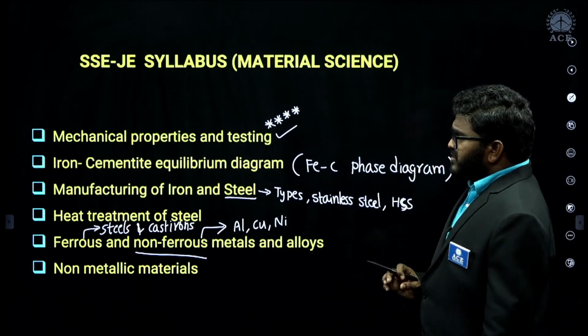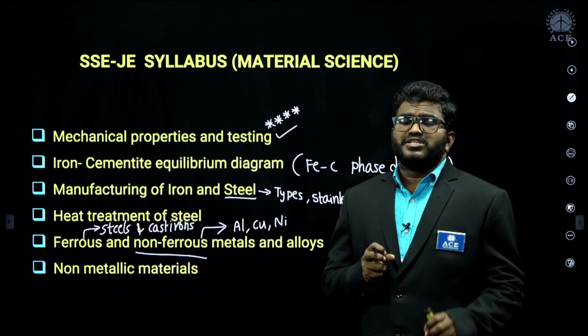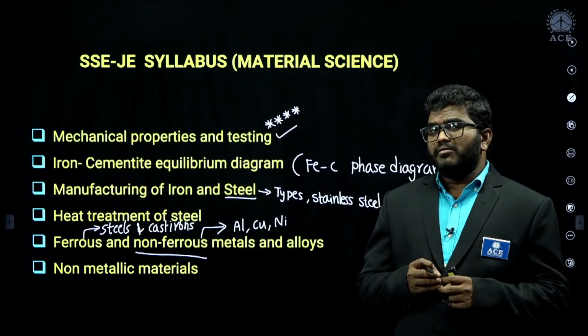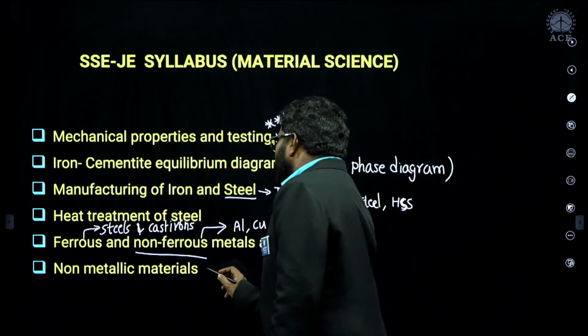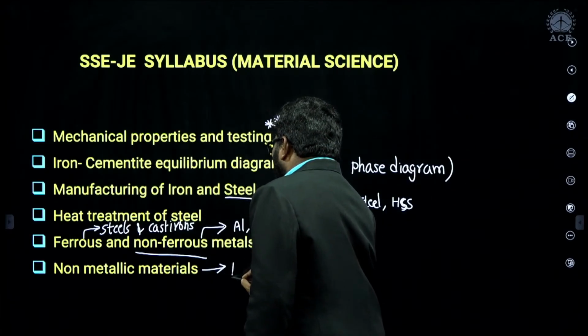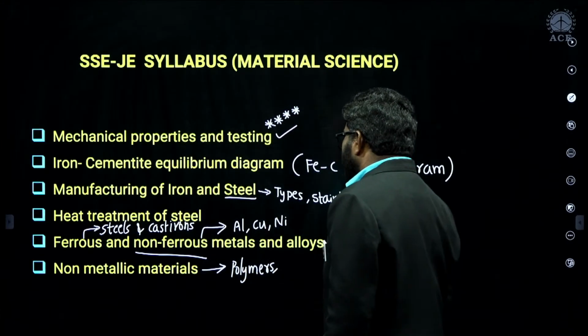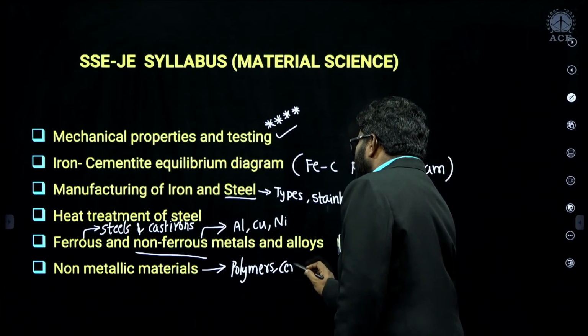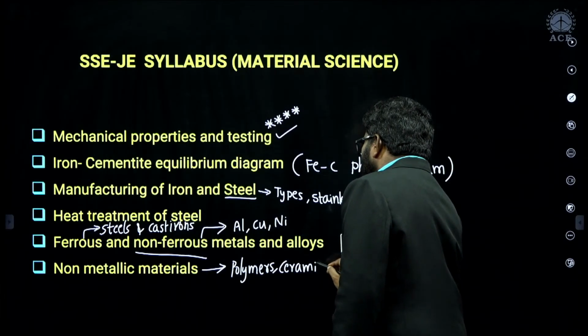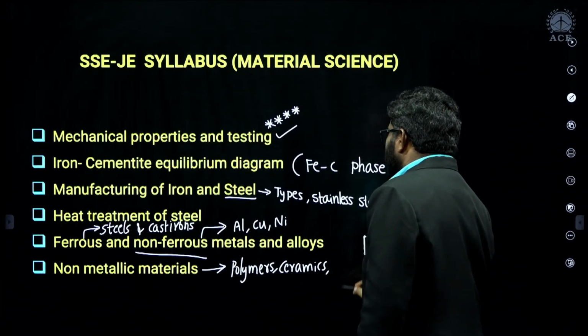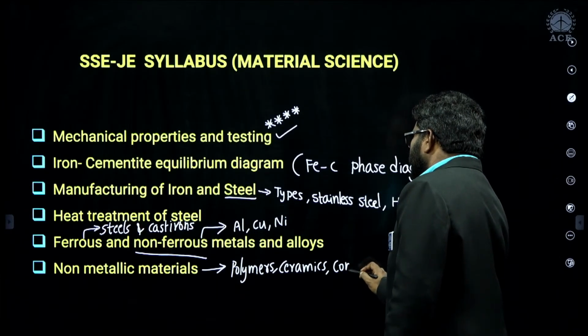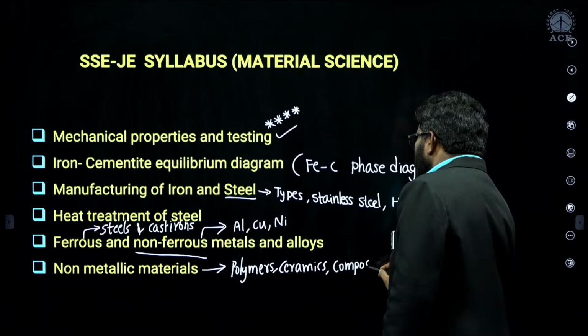And sometimes they will ask you questions from non-metallic materials. Non-metallic materials like polymers, they'll ask you questions from the polymers. Sometimes they'll ask you questions from ceramics, but rarely they'll ask questions from composites.